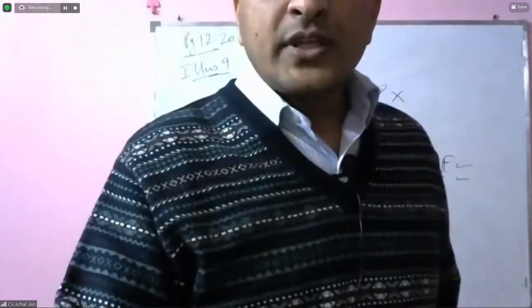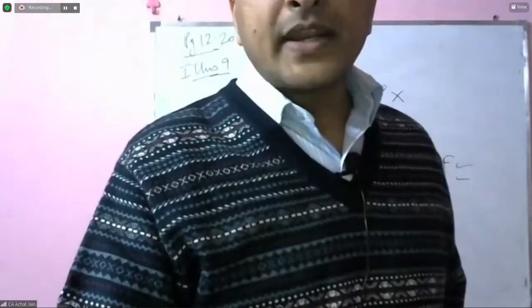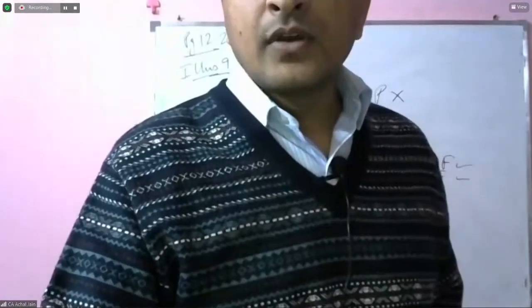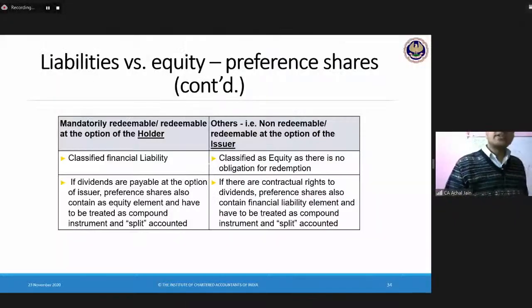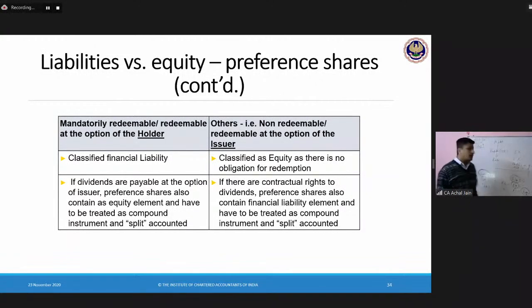Now I'm getting onto the concept of compound financial instruments. This concept is again not different from what we have understood so far, and it will again require you to do the same thing: check whether an instrument will become equity or a liability.